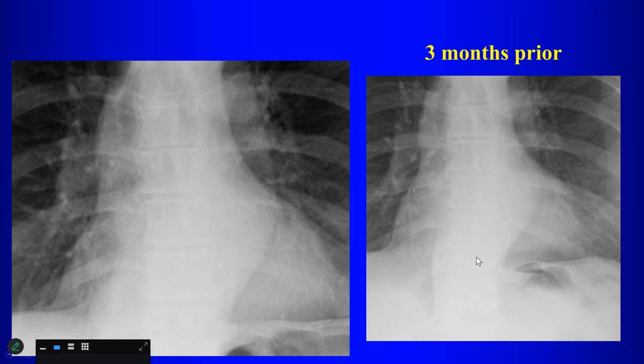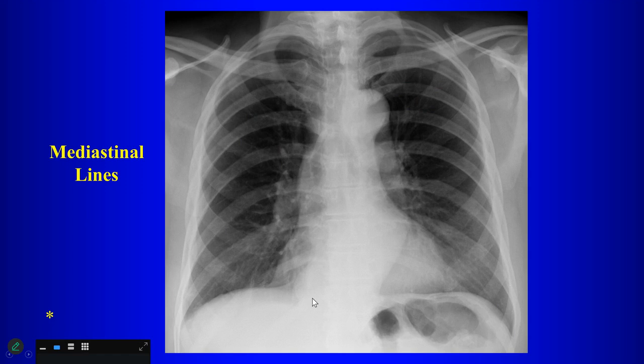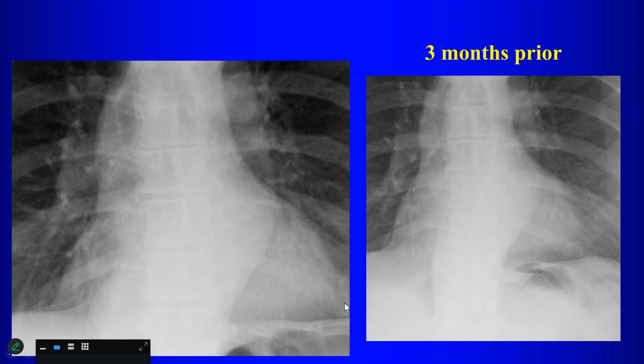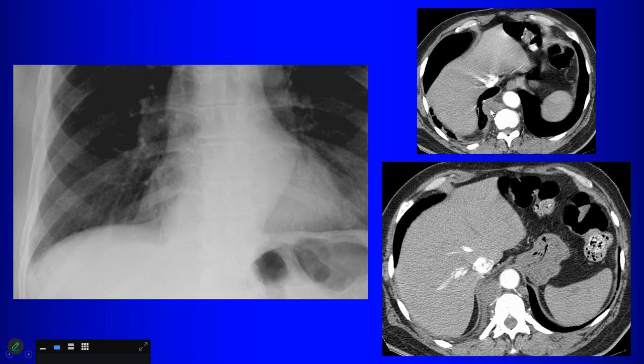So here's the descending aorta over here. If I go back here, you can see the azygoesophageal line in here, that's okay. But over on the right side, there's a bulge here, right? That wasn't there before. That's the paraspinal line. Now there's a bulge in it. What compartment is that? Posterior mediastinum, right? This was a rare case of posterior mediastinal lymphadenopathy in this patient.